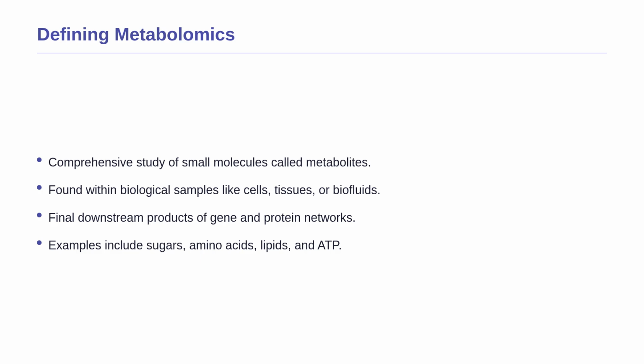These metabolites are the final downstream products of all the complex genetic and protein regulatory networks operating inside an organism. Common examples of these molecules include sugars, amino acids, lipids, and energy intermediates like ATP. Measuring them gives us the ultimate indicator of what is actually occurring in a living system.